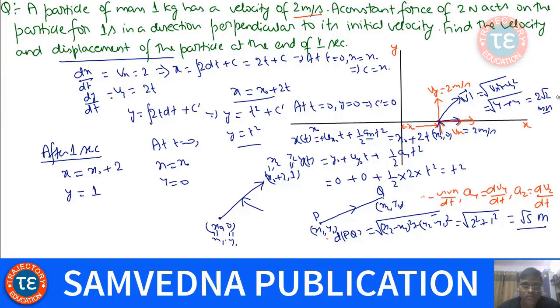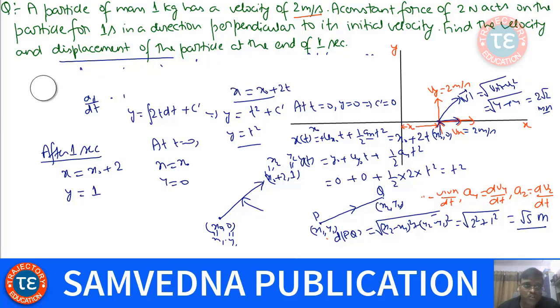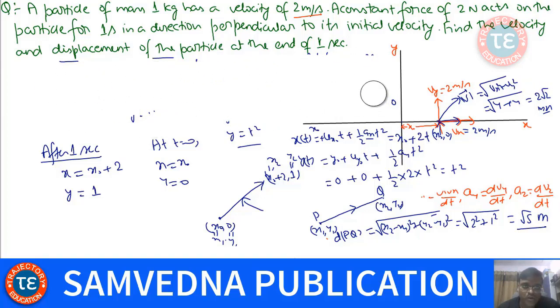Are you getting a point? Or you can get it the other way also. Suppose the coordinate of the body initially was x1 y1, so you can say the initial position is given by x1 i cap and y1 j cap.